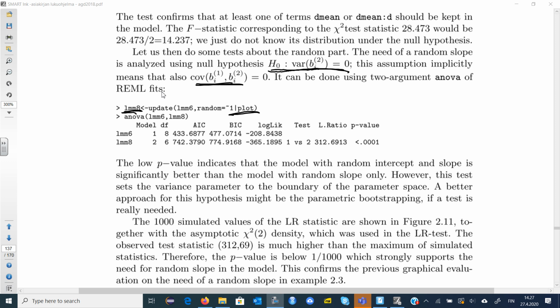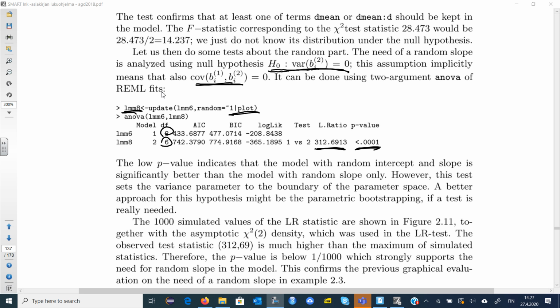Now the difference in degrees of freedom between the models is 2, because now LMM8 has 2 parameters less than LMM6. The likelihood ratio statistic is 312. It is very far from 0, and the p-value related to that is very low. So it indicates that the random slope is also needed in addition to the random intercept.